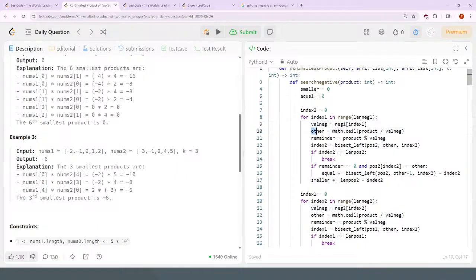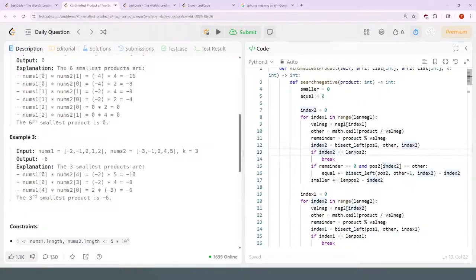So the other value is the division rounded up. And then also I check the remainder to have some logic for when it's equal. I see where I find like -3 in the positive array, positive subarray using bisect left.